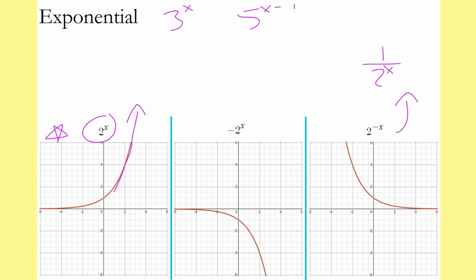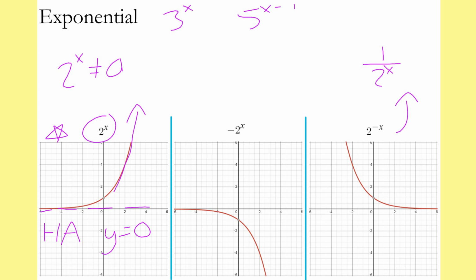So we're never going to quite hit 0, even though that's what this graph looks like, but that's called a horizontal asymptote. So right here, the horizontal asymptote would be y equals 0, because anything raised to a power is never going to equal 0. 2 to the x will never, ever equal 0. Okay?